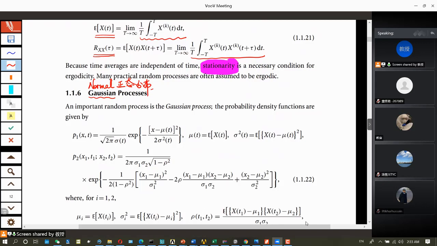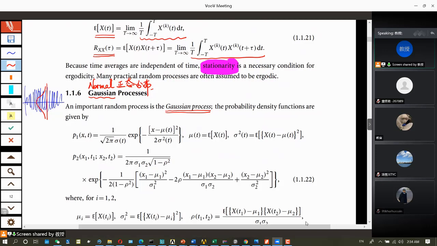Okay, so at any time, the values are normally distributed. Okay, so an important random process is the Gaussian process. We don't call it a normal process, it's called a Gaussian process. Okay, so Gaussian is related to normal.